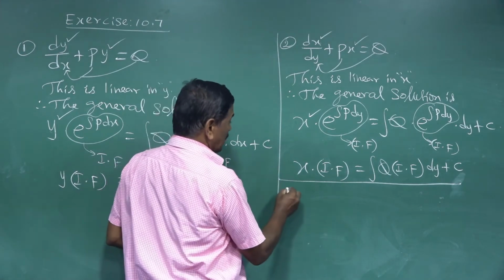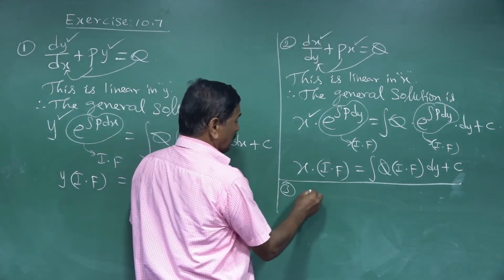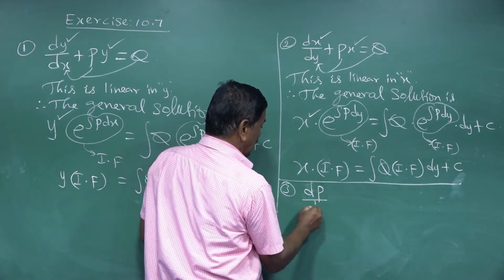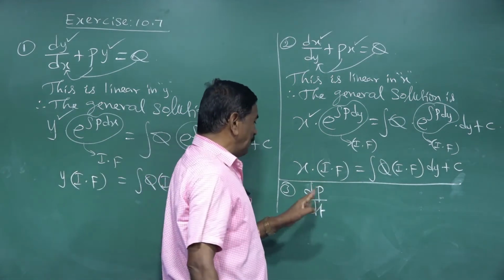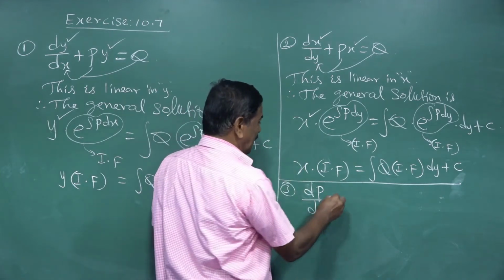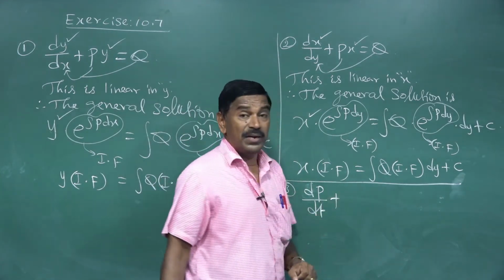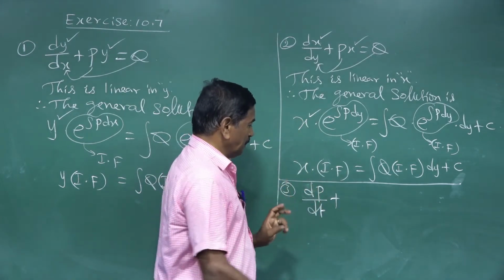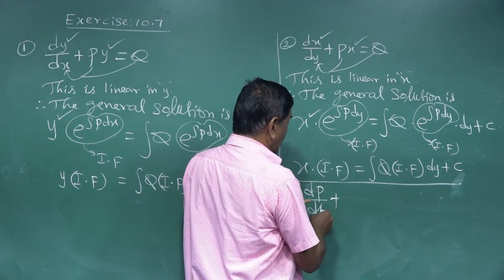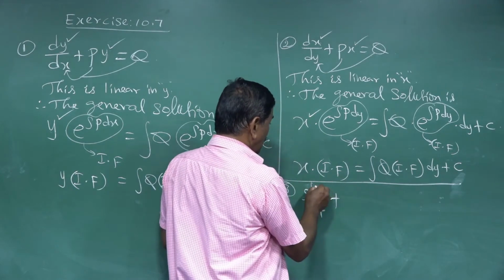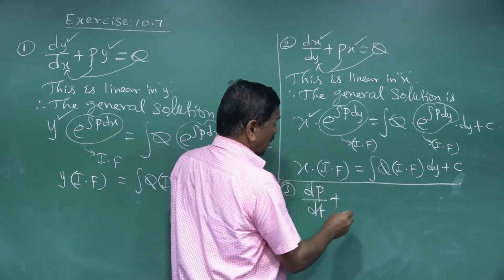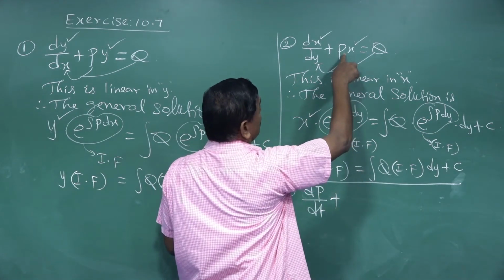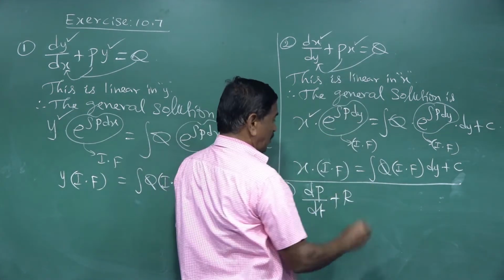Suppose the question is, for example, dp by dt plus, make the differential equation like this. Here P is already available, so let us take some other variable. Suppose instead of this P, let it be R for our convenience.